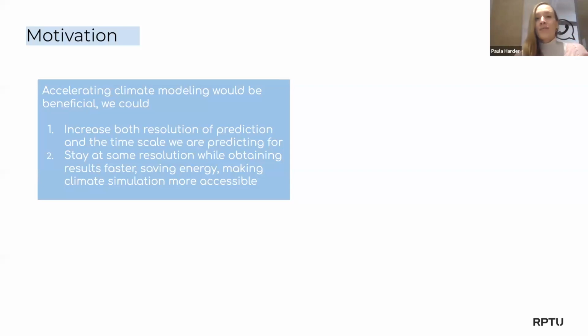And if you are fine with the resolution or the time frame you have, you can still save computational costs, get results faster, or, as a lot of people talk about nowadays, democratize climate modeling. Ideally you can just run a climate simulation on your local computer.